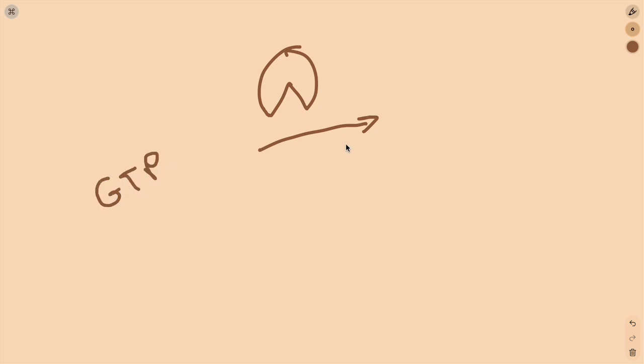So you can draw RAS here as an enzyme in a chemical reaction where we're going to catalyze the breakdown of GTP to GDP and inorganic phosphate. Yep, that's the reaction. And it turns itself off because GDP is the inactive form.